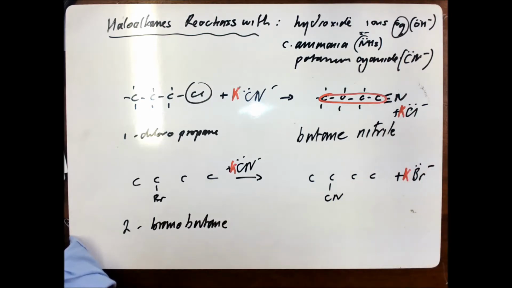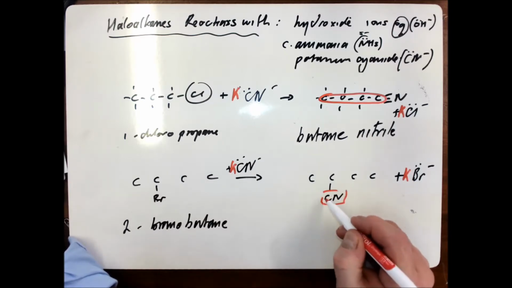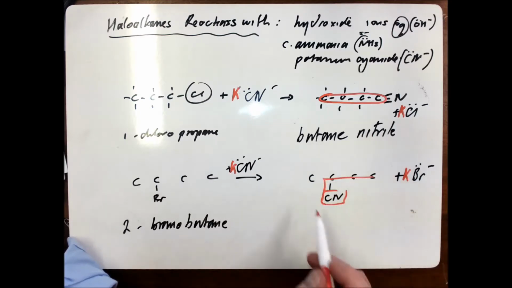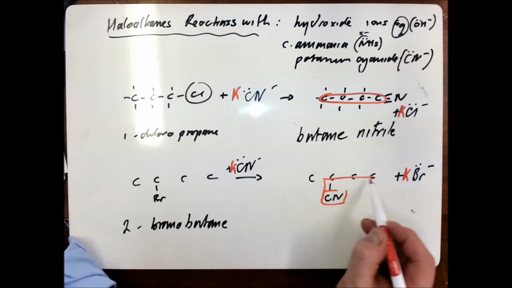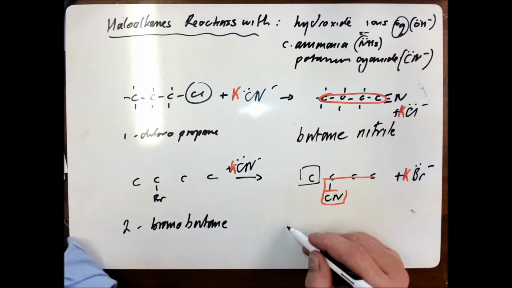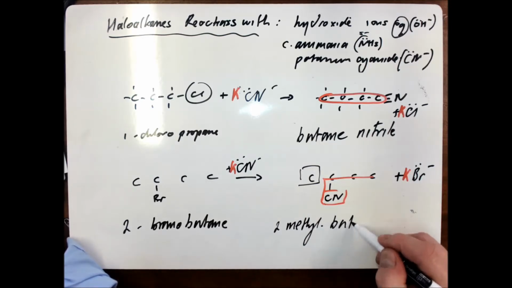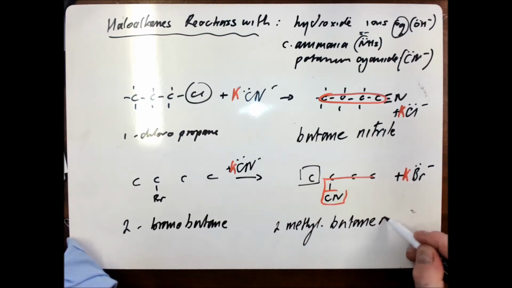Right, again we've added an extra carbon into the chain here. Now this is my functional group, so that needs to be part of the main chain. So instead of my main chain being in that direction, it's now in that direction. So this group here now becomes a methyl group. So I have 2-methylbutanenitrile.